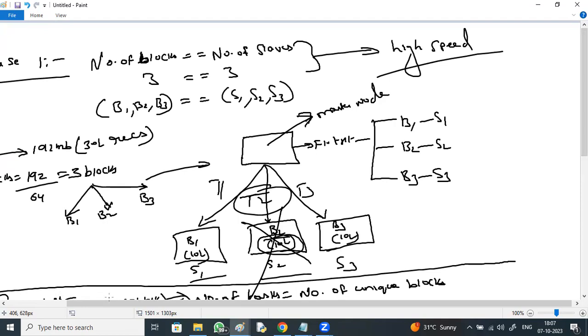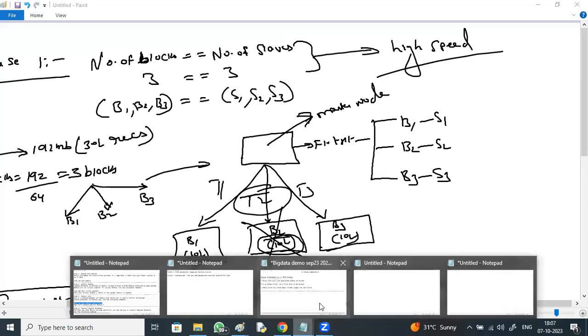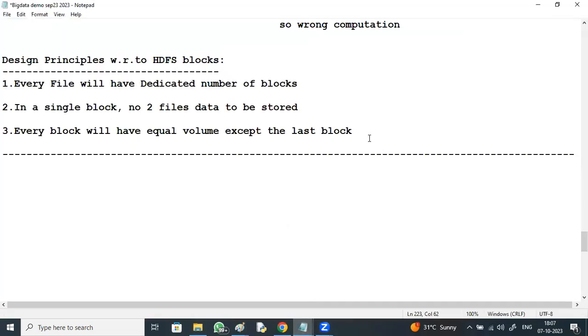How is the data stored? Now coming back here. Configuring the default block size: the default block size is 64 or 128 MB.